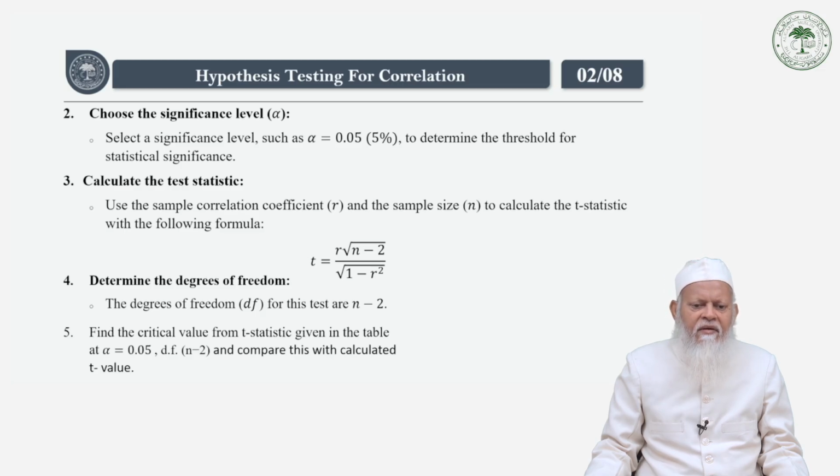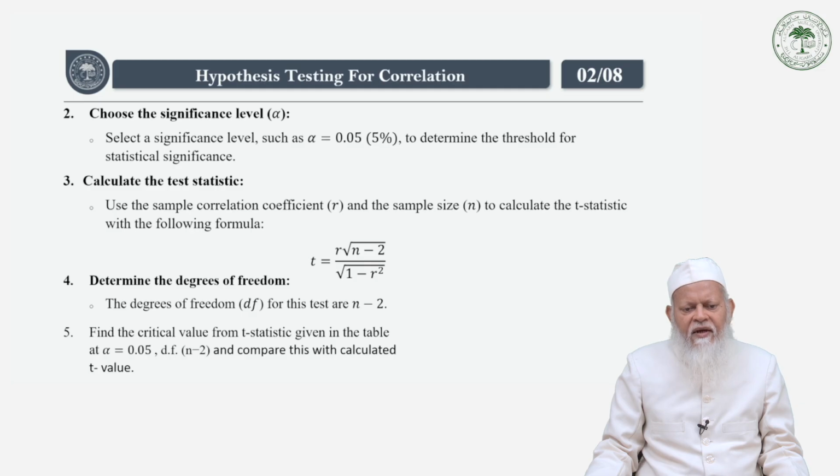Then we have to determine the degrees of freedom. This is n-2, so depending upon n, we will have the degrees of freedom. And n is the sample size, the number of entries or items.